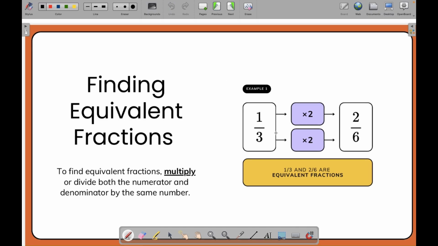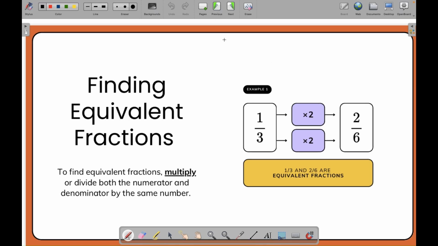So we will not be able to find any fraction by dividing both of them with some number because they don't have any common factor other than 1. And if I divide both of them with 1, it will result in the same fraction. Right? So it makes no sense. So division we can only do when both numerator and denominator have some common factor. However, multiplication we can do with any number.